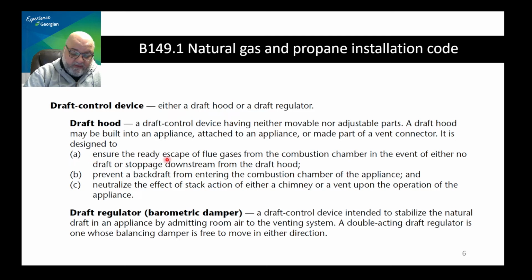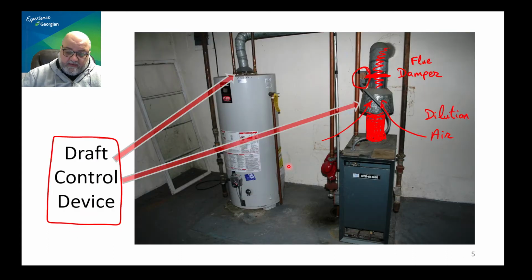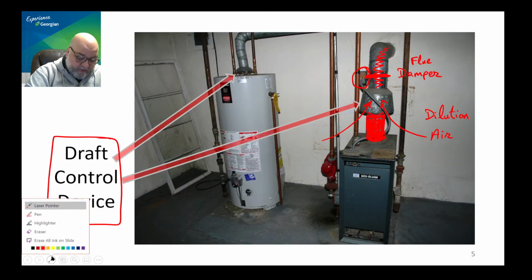Ensure the ready escape of flue gases from the combustion chamber in the event of either no draft or stoppage downstream from the draft hood. So let's have a look at this situation.